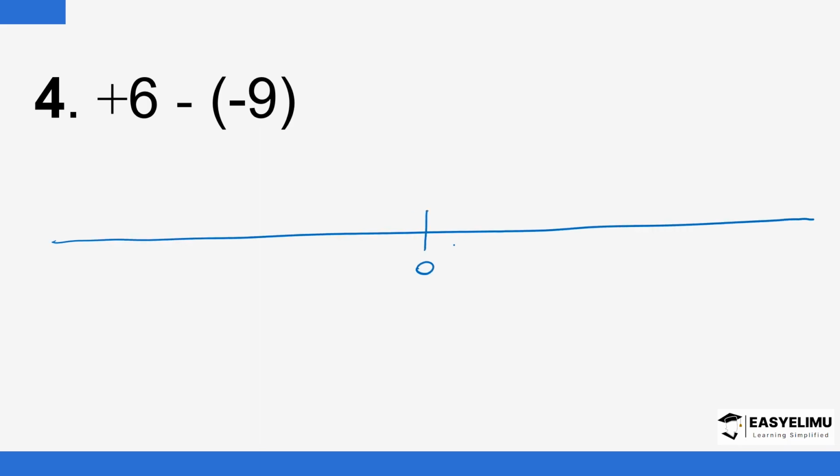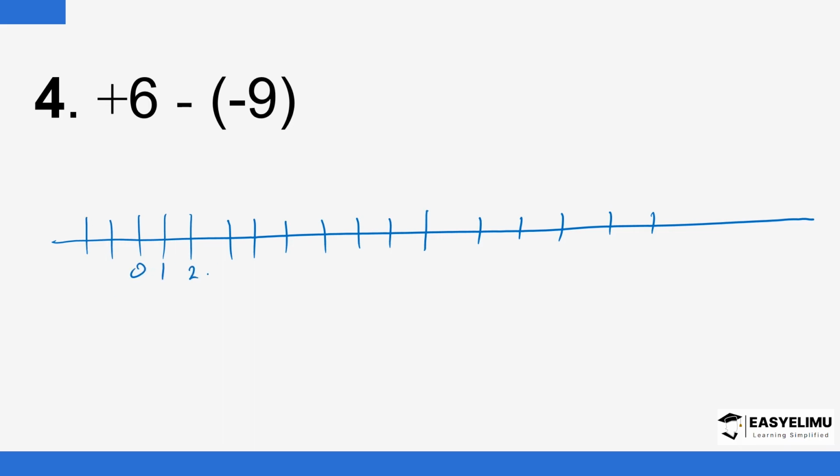Again, you have to start by drawing the number line. So we have 0 again. 1, 2, 3, 4. So let me have 0 written here.